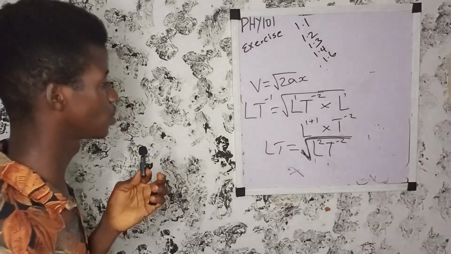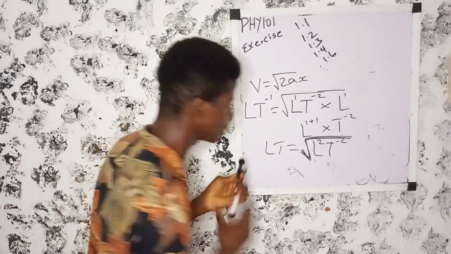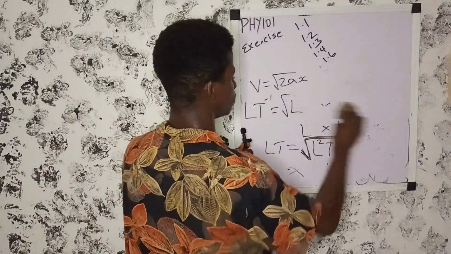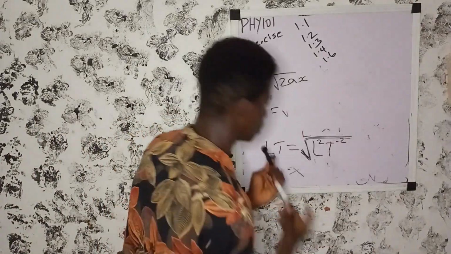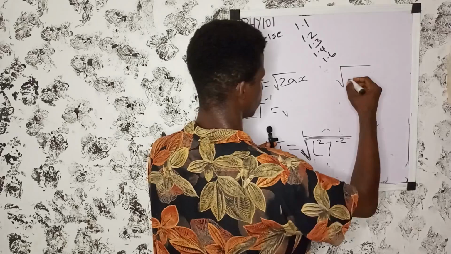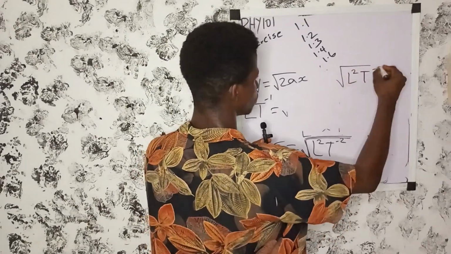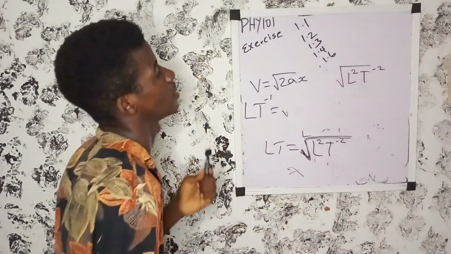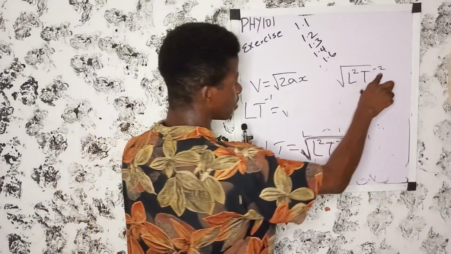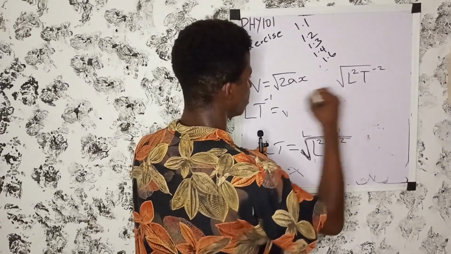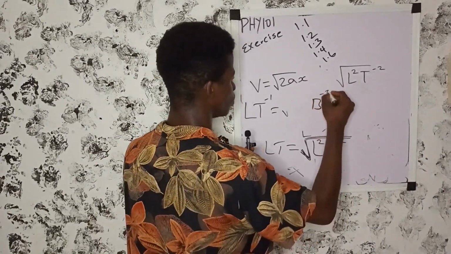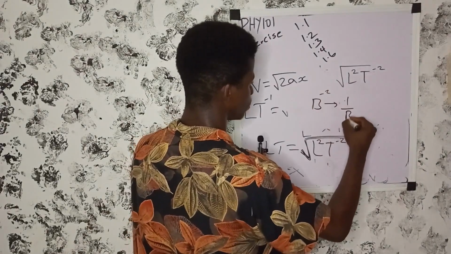Okay, now let's continue. We landed as L square t raised to power minus 2. Now t raised to power minus 2 is the same thing as what? Remember, I said guys, b raised to power minus 2 is the same thing as 1 over b square.